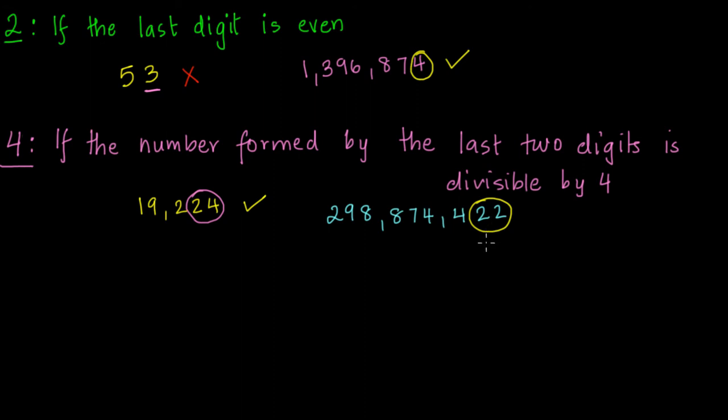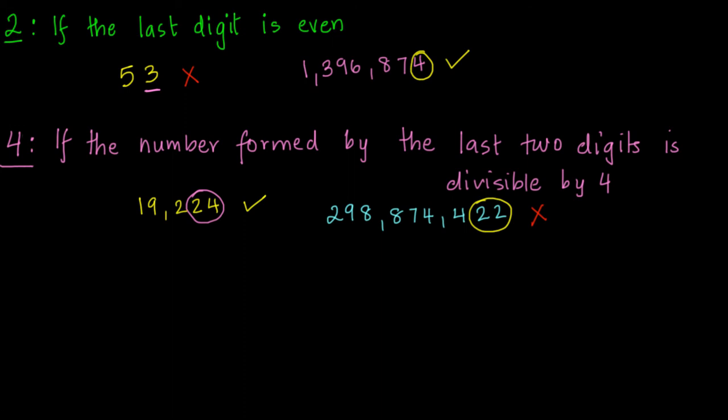I know that 22 is not divisible by 4, so I can say that this entire big number is not divisible by 4. Of course, one of the things that I also need to see is if I am given a number which ends in an odd number, say like 53, I know it's not divisible by 2, so it's not going to be divisible by 4, and it's not going to be divisible by 8.